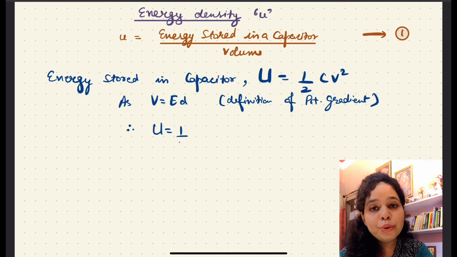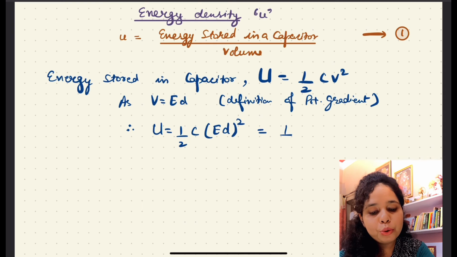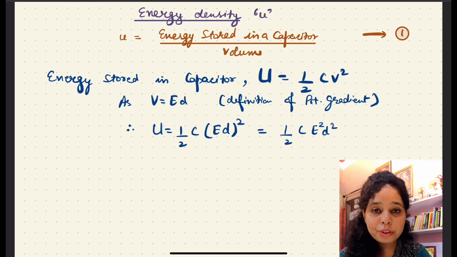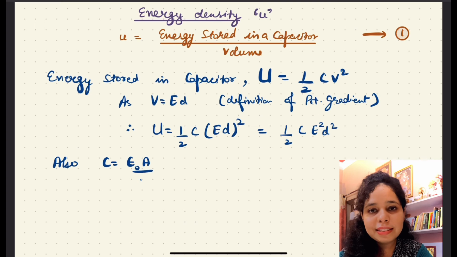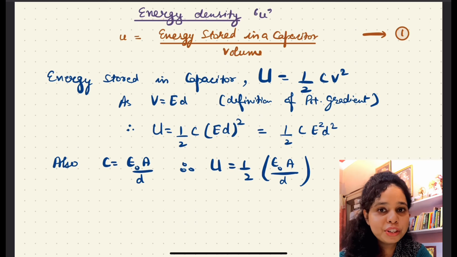Therefore, we have U is equal to half C, and instead of writing V, I will put ED and whole square. So the equation will come out to be half C E square D square. Again, I am not going to make use of this equation in equation number 1. I will make some more changes, and I will put the value of C, that is C is equal to epsilon naught A upon D. Therefore, the above equation will turn out to be U is equal to half epsilon naught A upon D, writing it in the bracket so that there should be no confusion, and E square D square as it is.